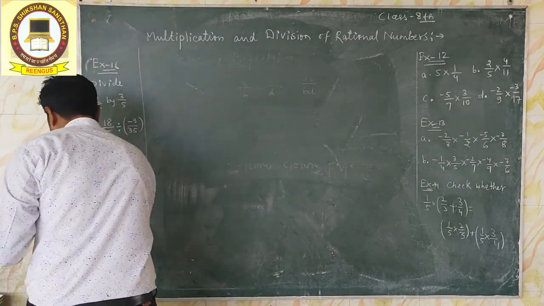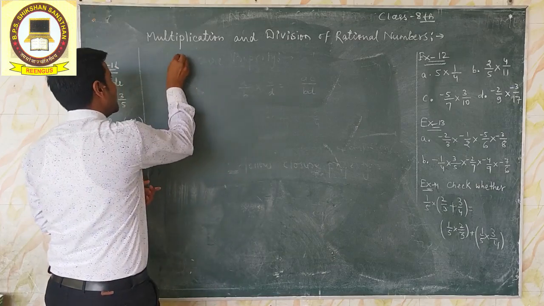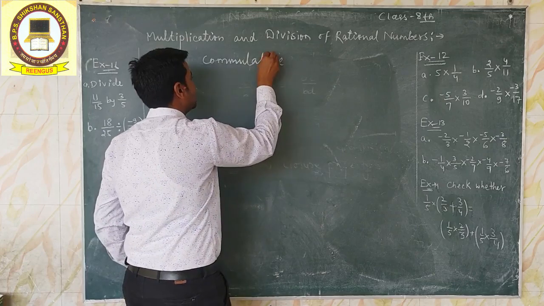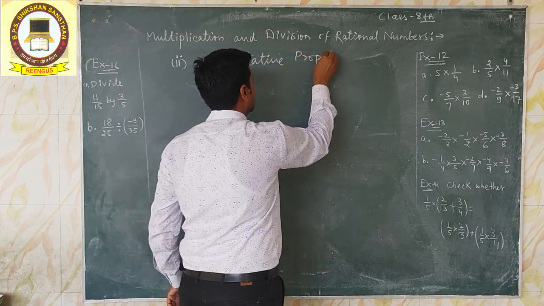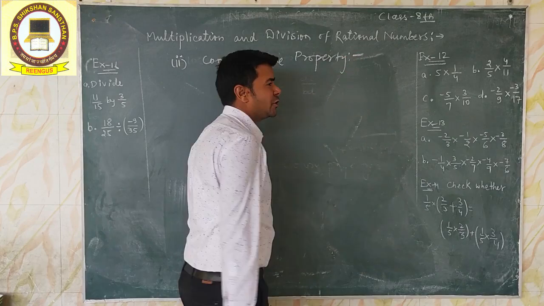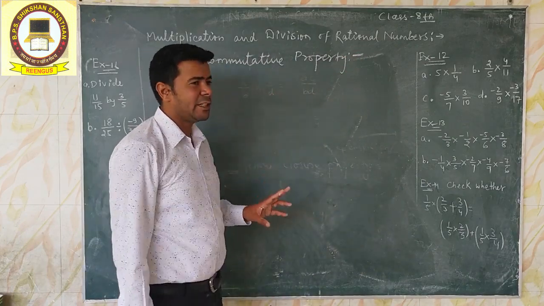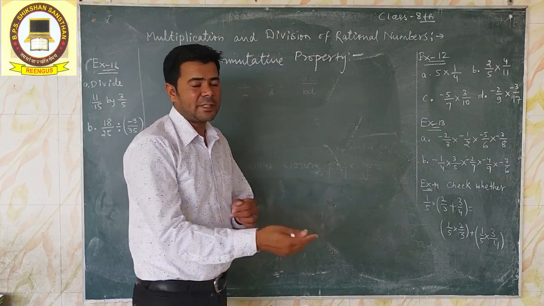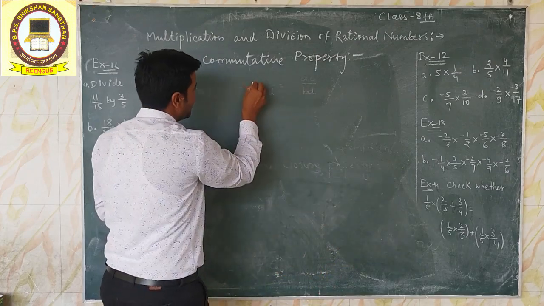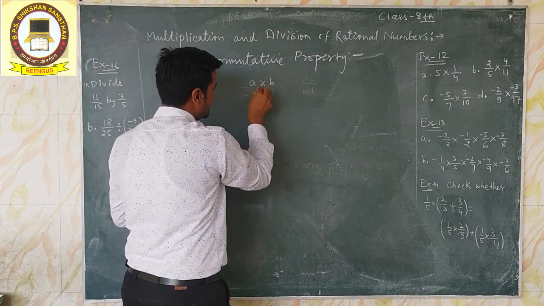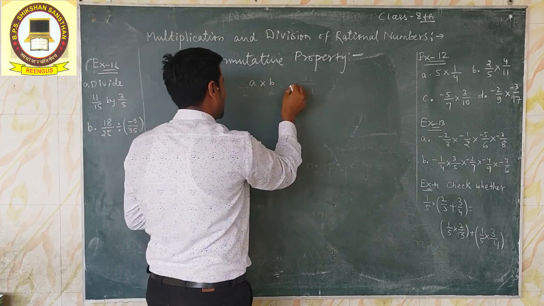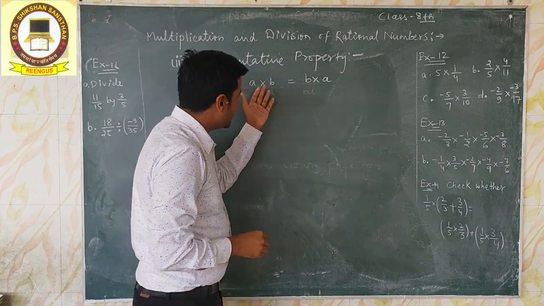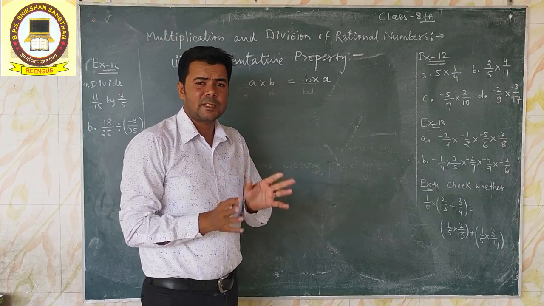The second property is the commutative property. What is the commutative property? If two rational numbers are multiplied, regardless of their sequence or order of multiplying, whether we multiply A into B or B into A, you will get the same answer.